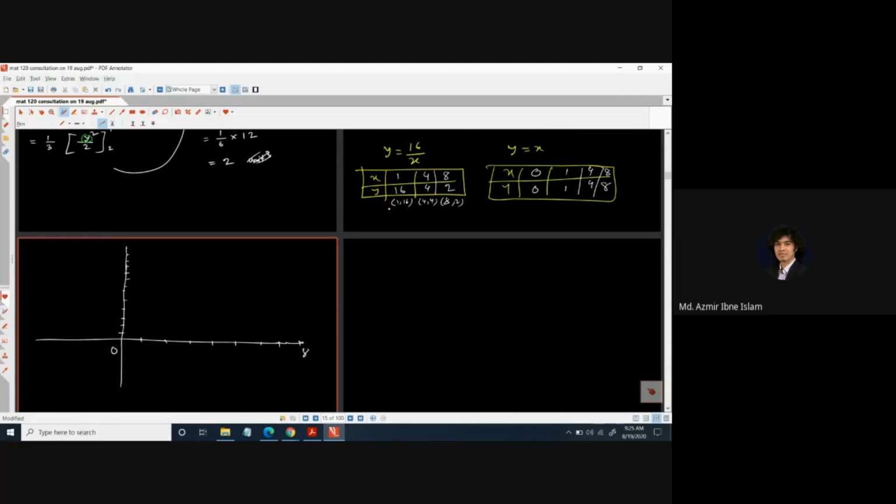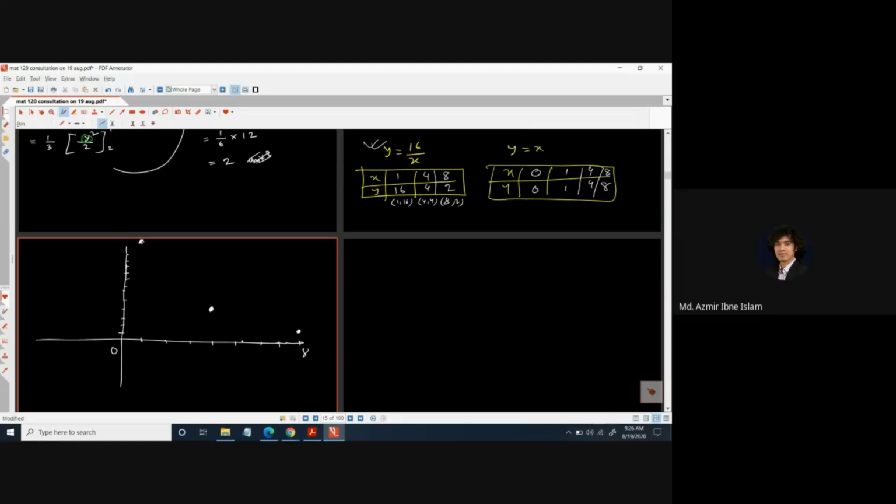So at first the (1, 16) point is here, then (4, 4). I am drawing this curve, y equal to 16 by x. Then the point (8, 2) is located here.